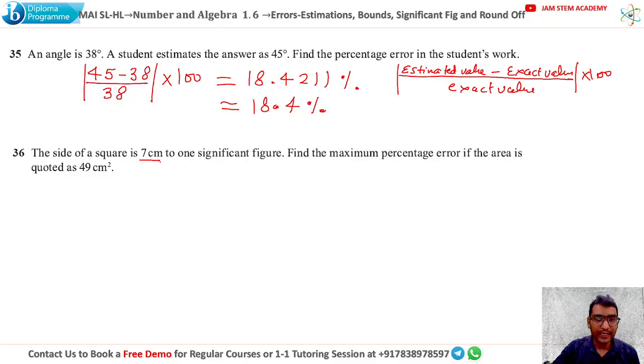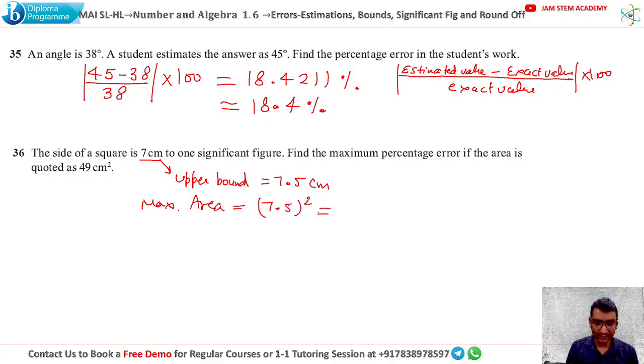So what will be the side now? The upper bound will be 7.5 centimeters. Now corresponding to that, what's the maximum value of the area? It's a square, so 7.5 squared.